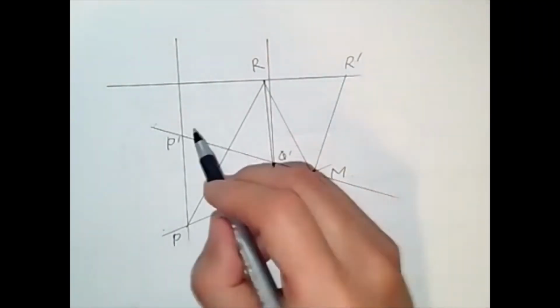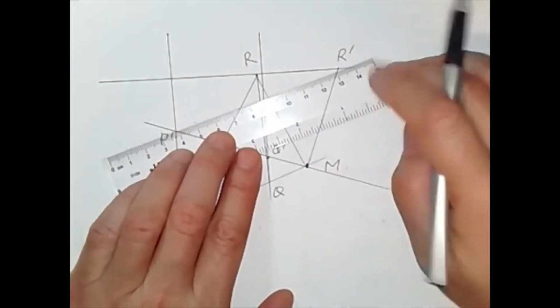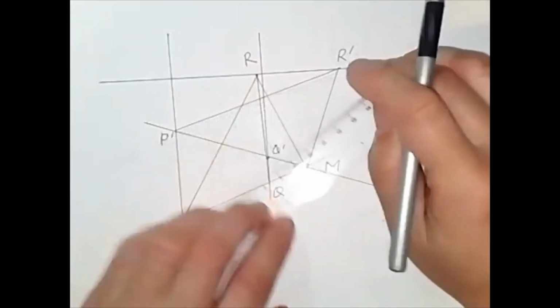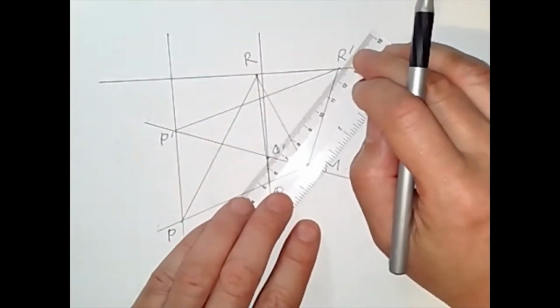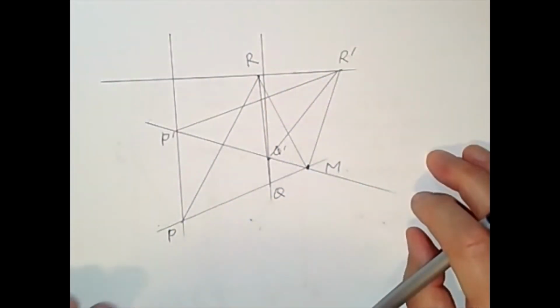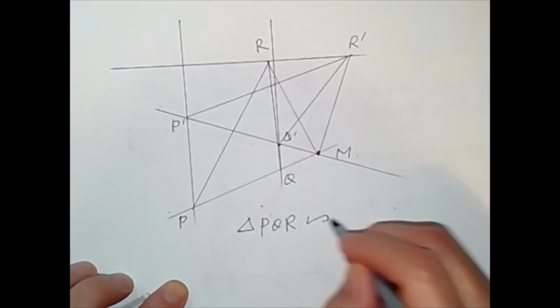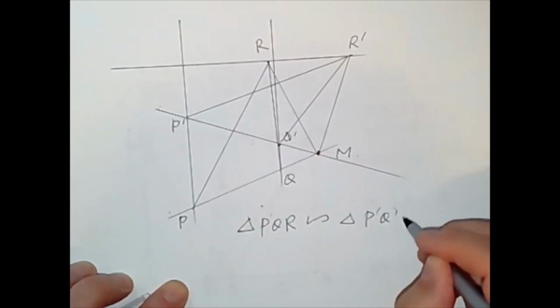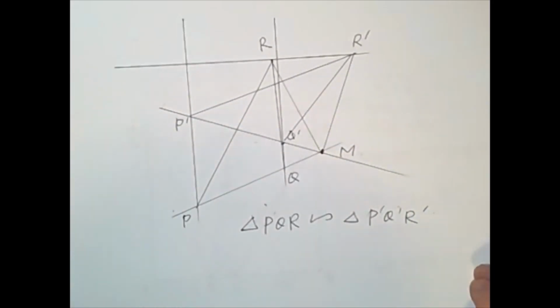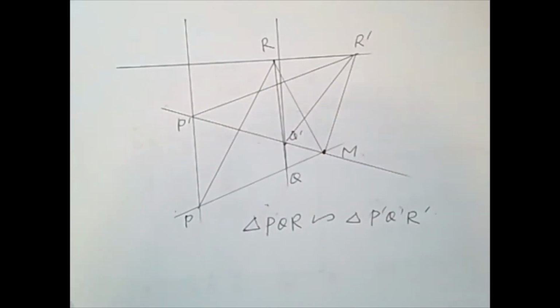This way, we have another triangle P prime, Q prime, R prime. The fact is that triangle PQR is always similar to triangle P prime, Q prime, R prime. The proof is similar to what we have for the square case. You have to prove two pairs of similar triangles.